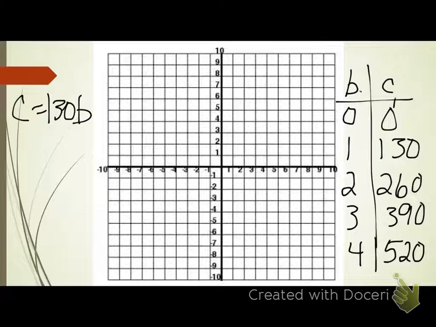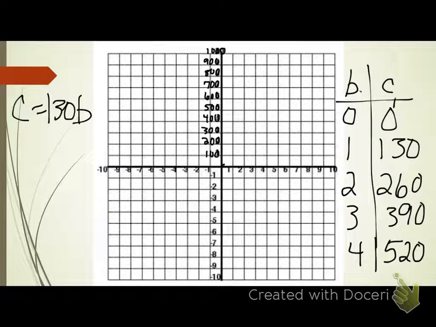My graph, my y-axis, or my c-axis in this case, is only going up to 10. We got quite a few high numbers, so I'm going to go up by 100s. Everyone okay with that? And see why I'm adjusting my y-axis, or my c-axis. Okay, 0, 0.